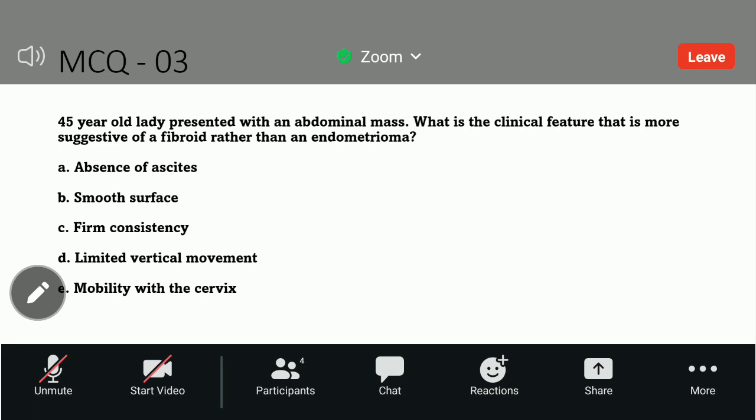Even in inflammatory conditions like this and malignant conditions, vertical movement can be limited, even in ovarian tumor. So that is false. The same for answer E, mobility with the cervix. Endometrioma can even have reduced mobility with the cervix if it's attached to this one.